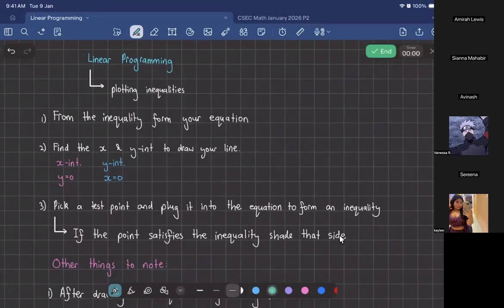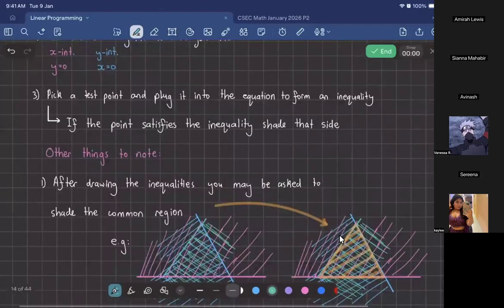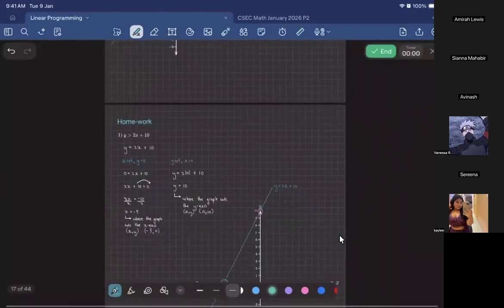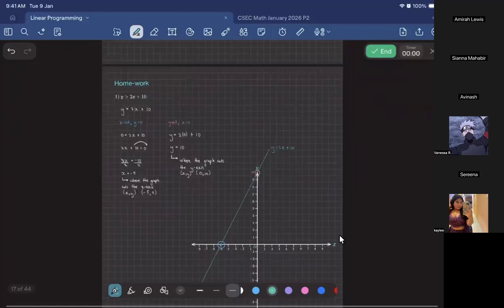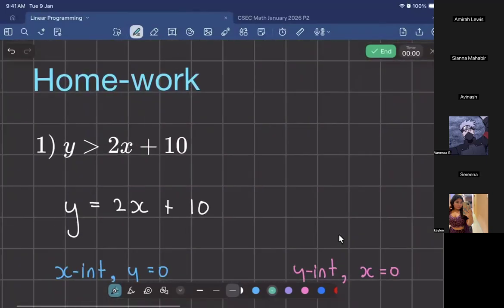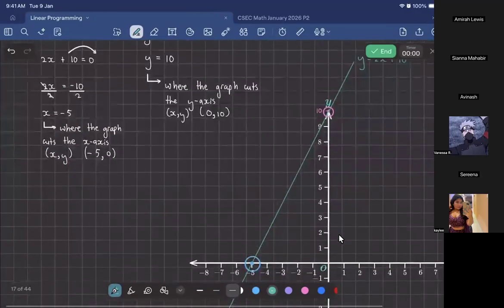To pick a test point and plug it into the equation to form an inequality. Right. So Sienna, if you look at this question, y is supposed to be more than 2x plus 10.